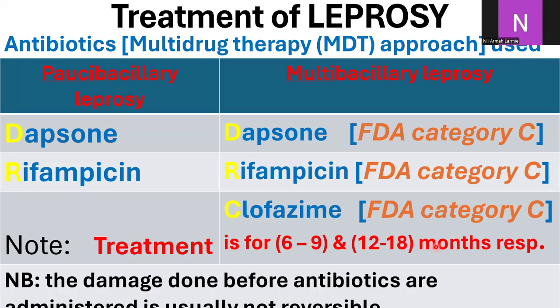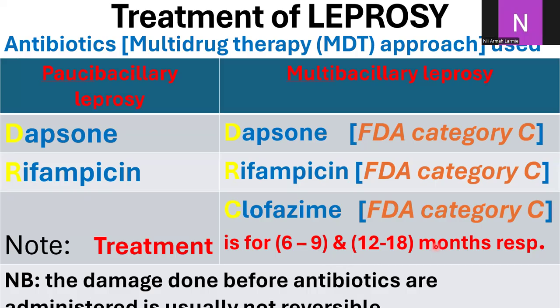Note that the treatment removes and gets rid of the mycobacterium, but any damage that has already been caused by the presence of the mycobacterium will not be reversed. So before we gave the antibiotics, any damage that was already in the patient will not be reversed.